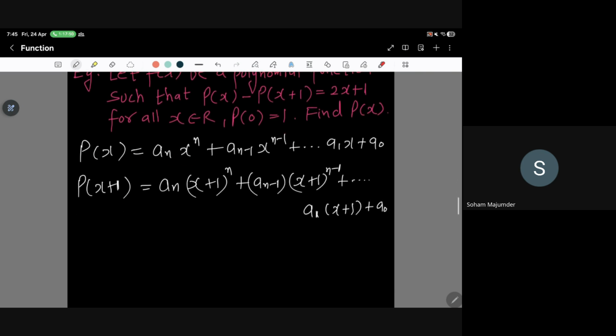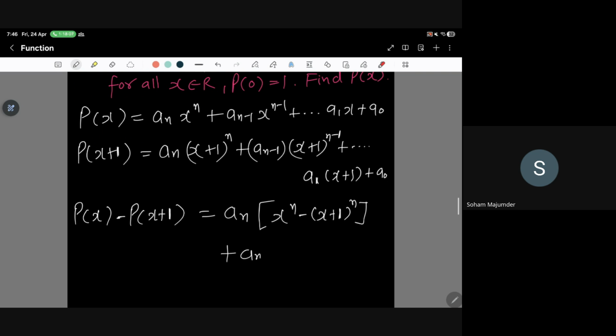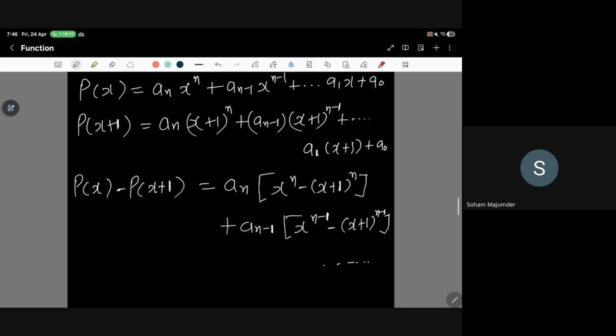So when we subtract these two, taking a_n common from the first term, x to the power n minus (x plus 1) to the power n, plus a_(n minus 1) times x to the power n minus 1 minus (x plus 1) to the power n minus 1, and like this up to a_1 times x minus (x plus 1).